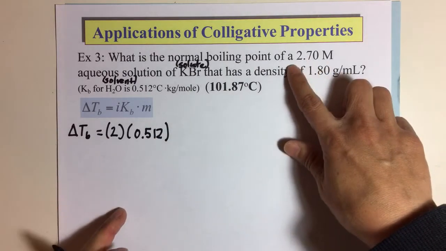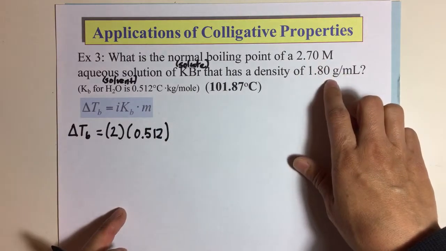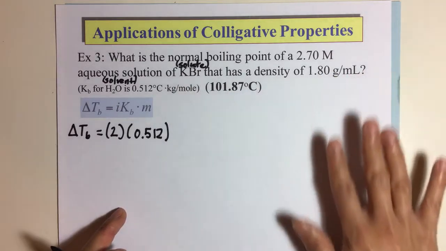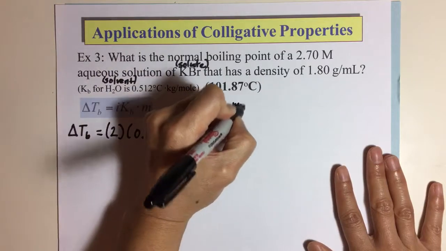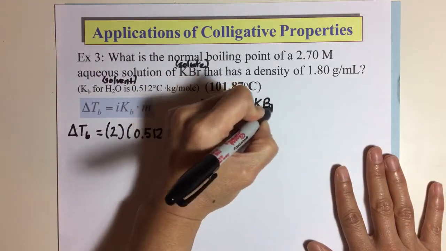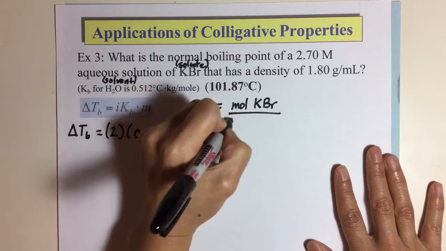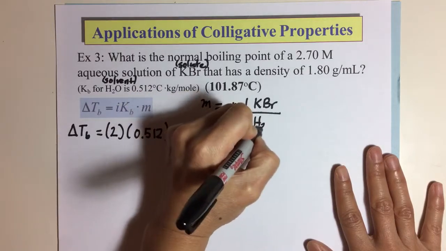Well, the only information we're given is molarity and the density. So let's go to the side and explore what molality is. Molality, by definition, is moles of KBr over kilograms of water.